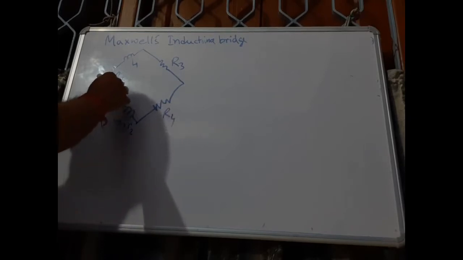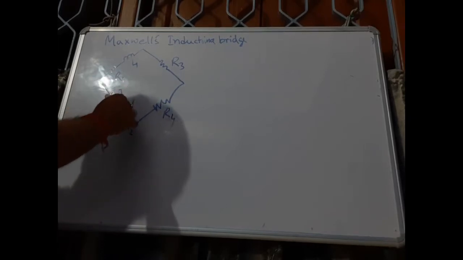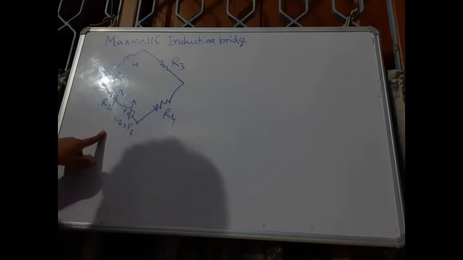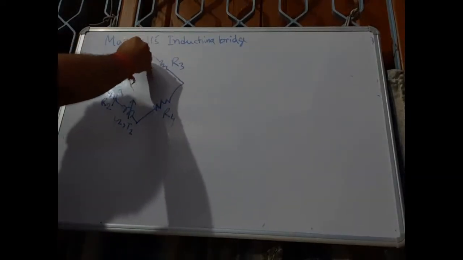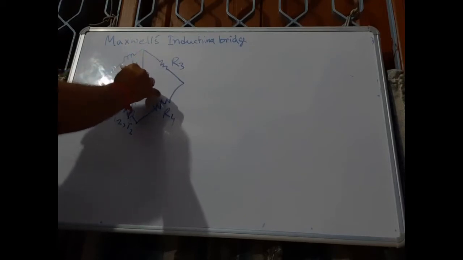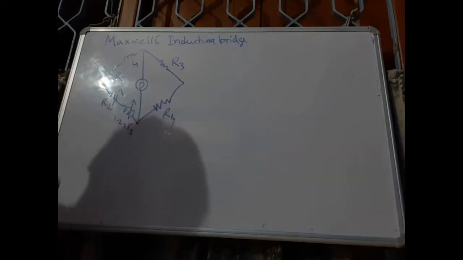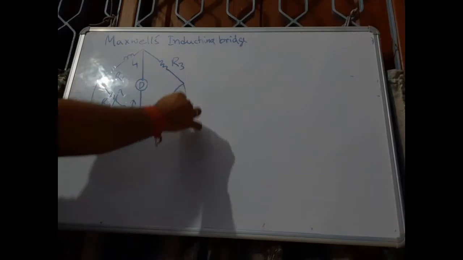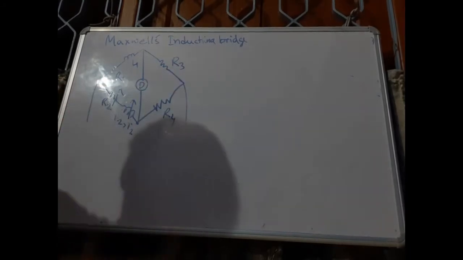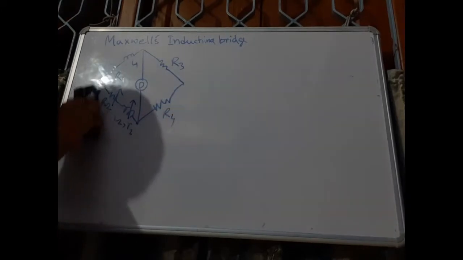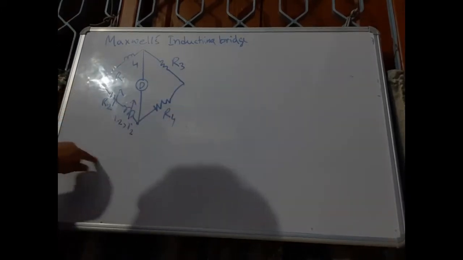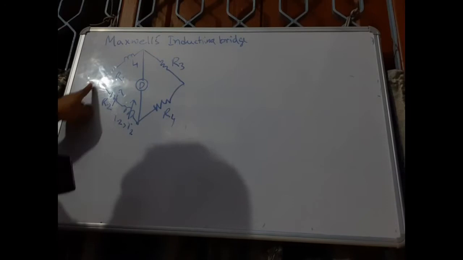R2 and L2 are variable. Now this is the detector, and whatever circuit for source connection, I am not drawing that. We can consider the source is connected through this point and this point.